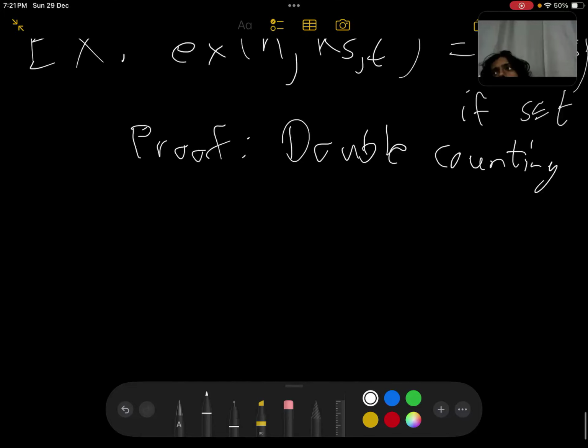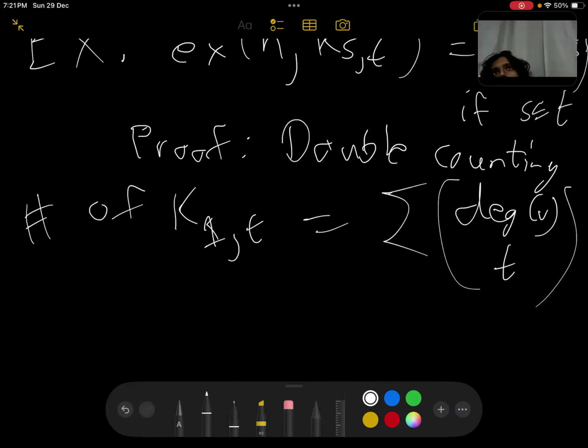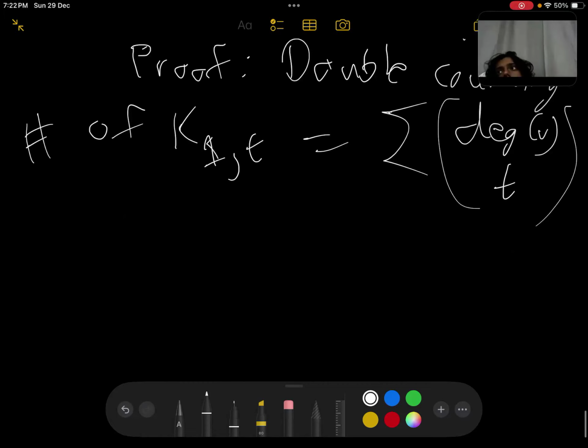How? Well, the number of K1Ts, I think, to calculate is like, and then you need s of them to have the same value.